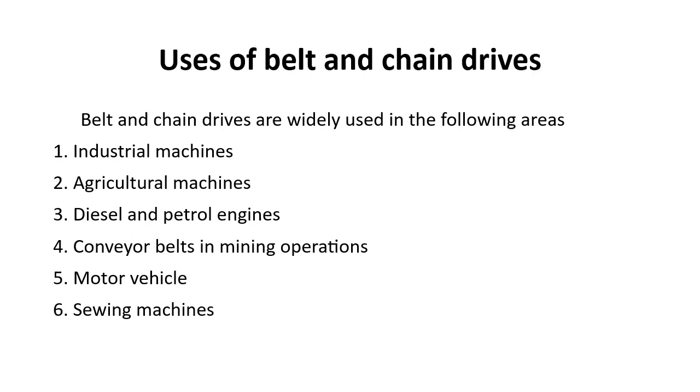And this linkage has to be possible when we use either the belt or the chain drive. Then the next one is the sewing machines. The sewing machines are the common things which we see in our homes that make use of some of these belt or chain drives in the linkage in order to move things in their order.